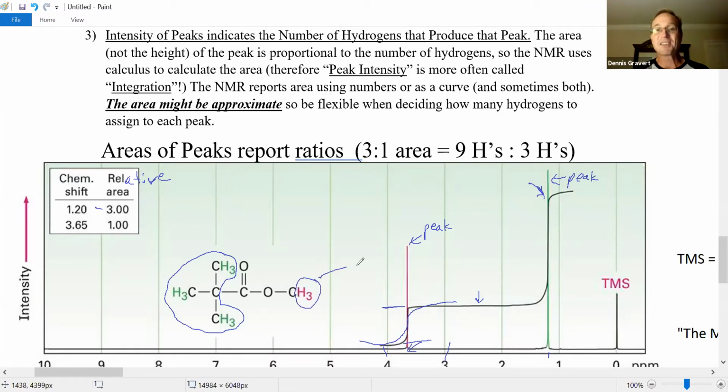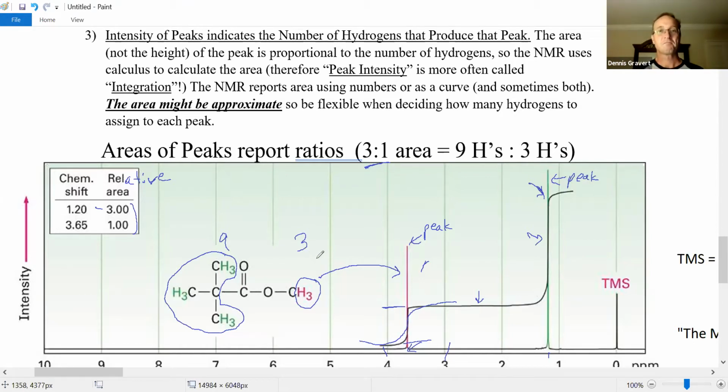These 3 hydrogens are producing this peak. 9 versus 3 is a 3-to-1 ratio, and that's what the areas are telling us: there are 3 times as many hydrogens in this peak as in that one. And then it's up to us to figure out, oh, it's not 3 hydrogens and 1 hydrogen. The molecule actually has 9 and 3.